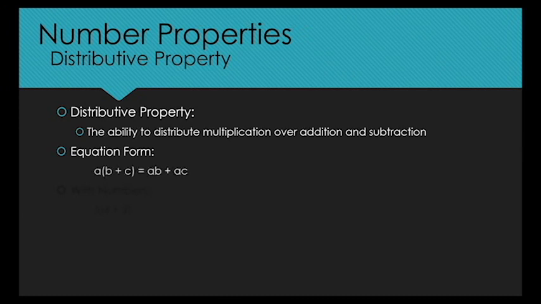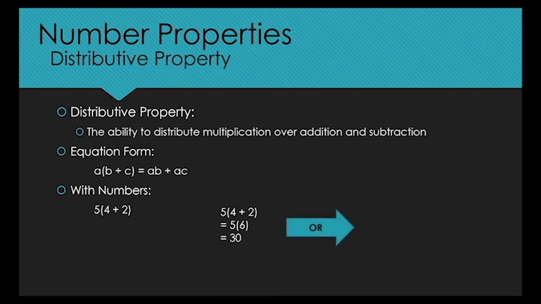A times the sum of B and C is the same as A times B plus A times C. Let's put numbers to this. If we are multiplying 5 by the sum of 4 and 2, it doesn't matter whether we first add 4 and 2 and then multiply the sum by 5, or whether we multiply 5 by 4 and 5 by 2 and then add those products together. Either way we get 30.